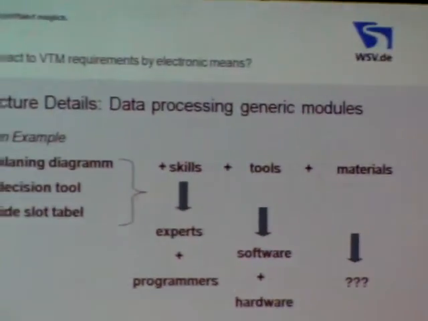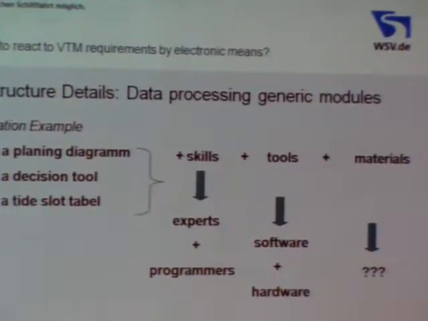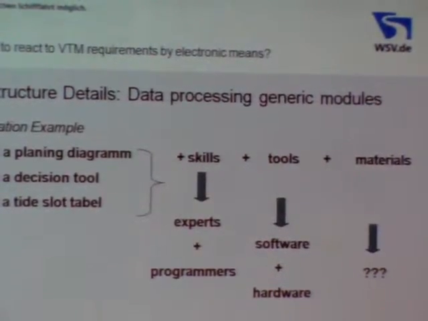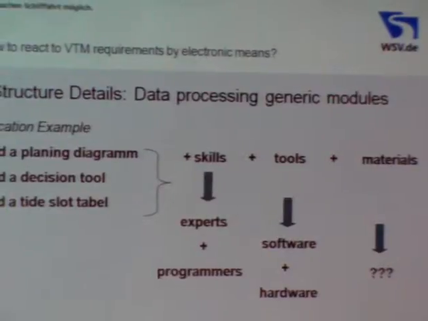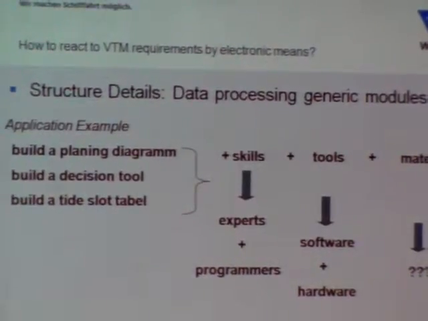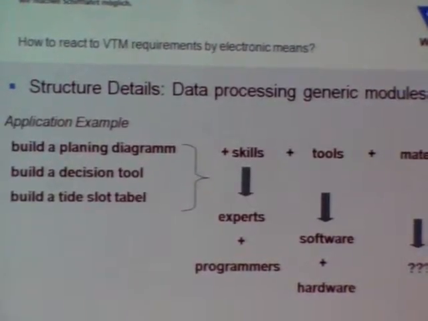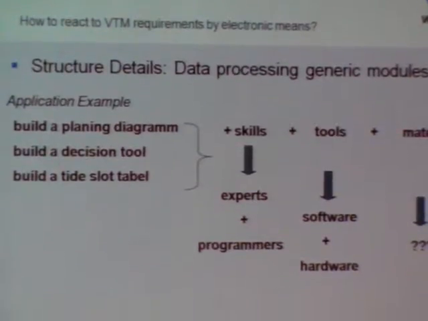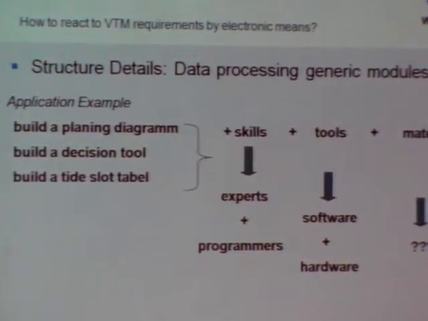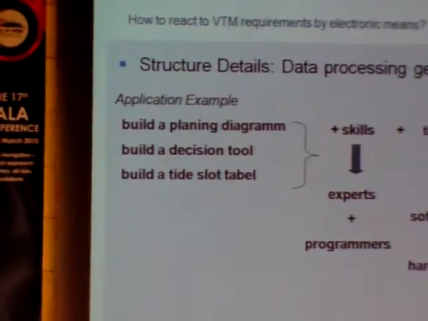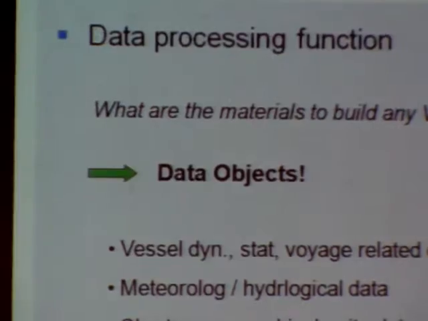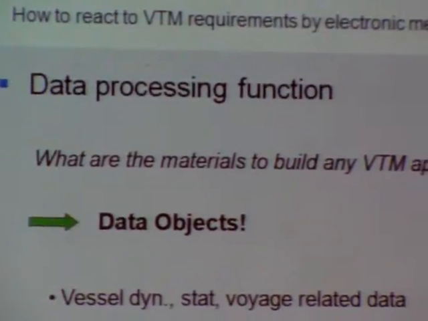And okay, you need some tools. What are these tools? Operating system, programming languages, software, hardware. So, still remaining the materials. So what are the materials we are working with in the maritime world and in the VTM? These are the data objects.